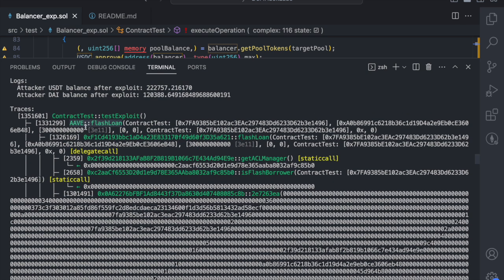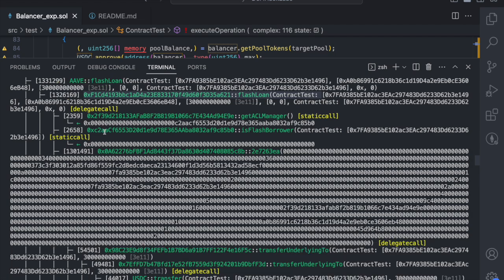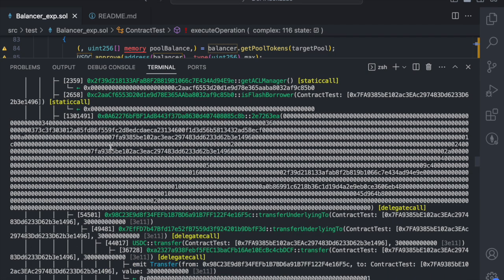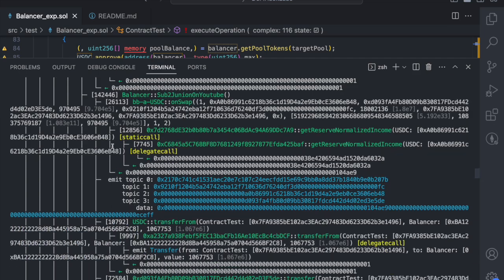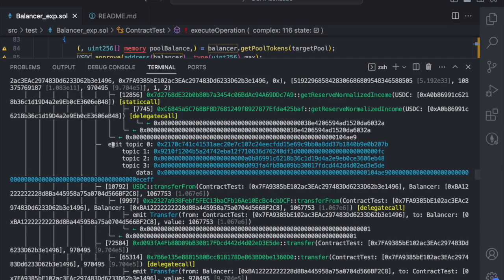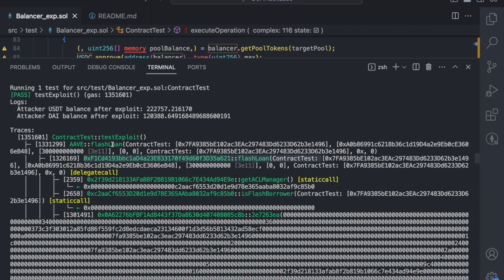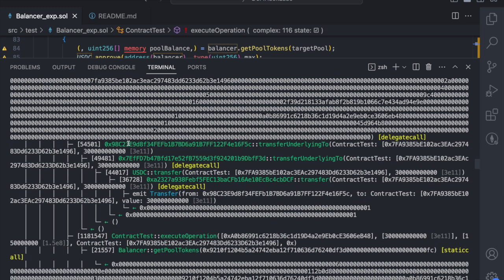We have our header, and then all the individual items happening underneath this initial flash loan, which takes a lot of steps. If you're not familiar with how flash loans work, a lot of steps go into it. It's easy to do, but what's happening behind the scenes is pretty amazing.